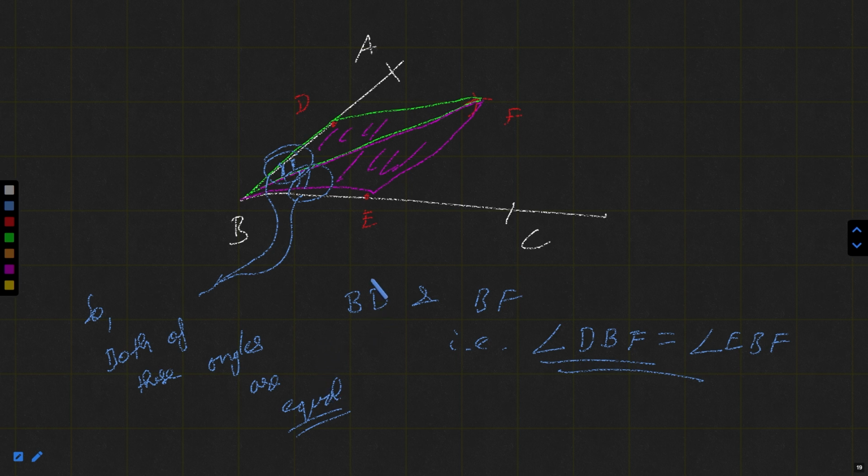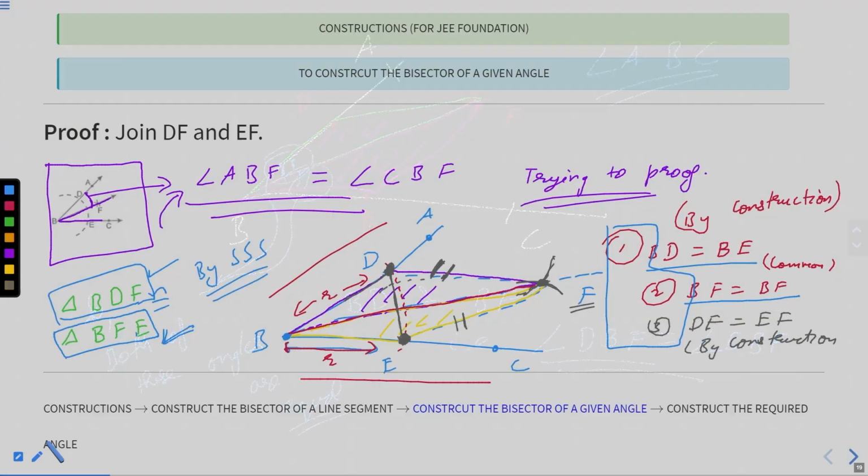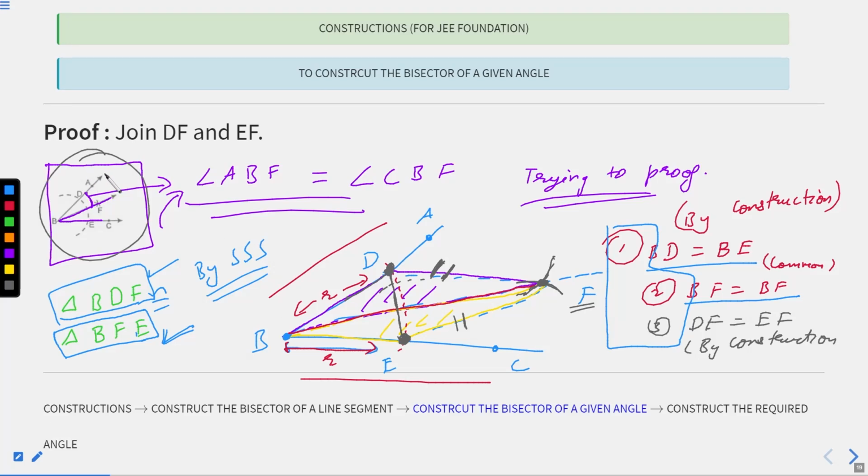So our main angle, ABC, is divided into two equal angles by the ray BF. We also saw that our construction was done in such a way that it creates the bisector of a given angle. I hope the proof and the construction is clear.